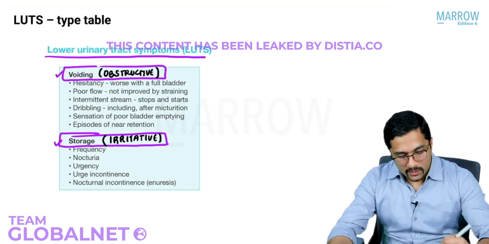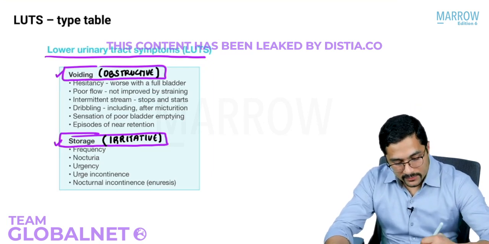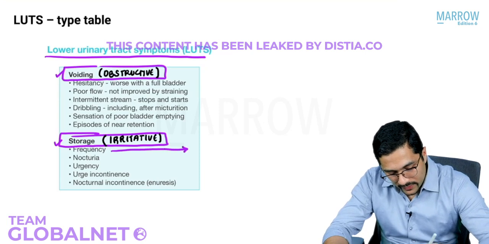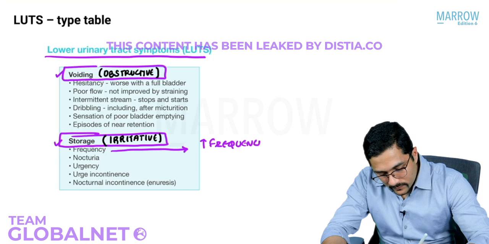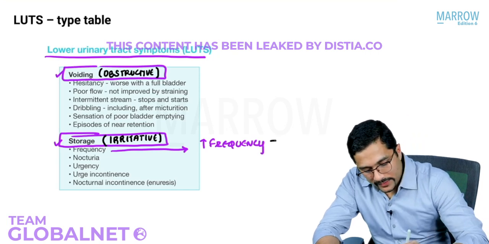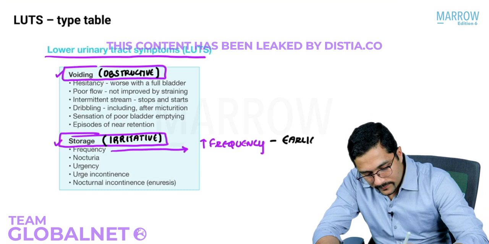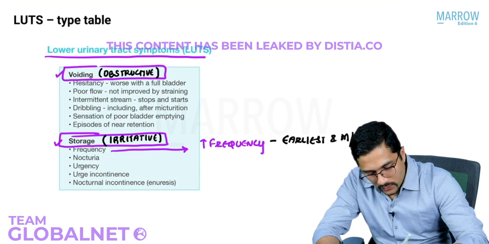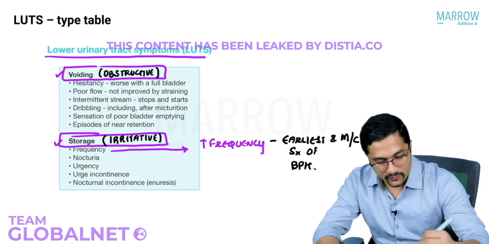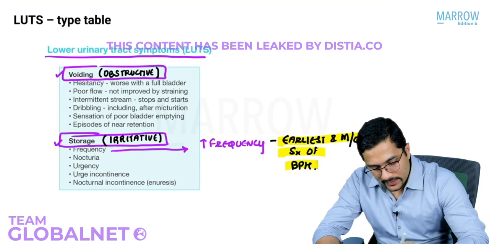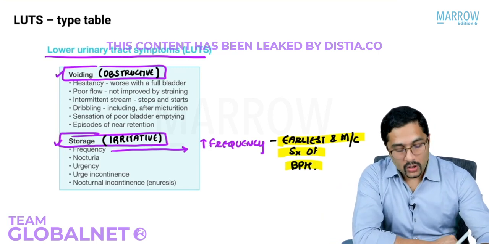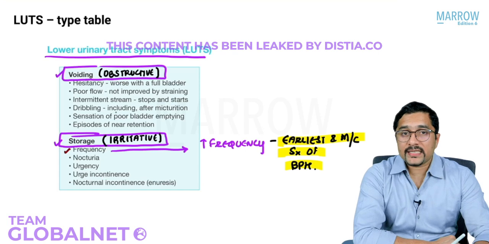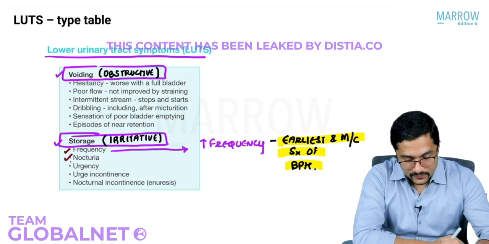Let's first talk about the storage or irritative symptoms, and in that you have increased frequency. A very important point is that this is the earliest and the most common symptom of benign prostatic hypertrophy. This question has been asked in the exam. Others can be nocturia, that means increased nighttime frequency of urine.